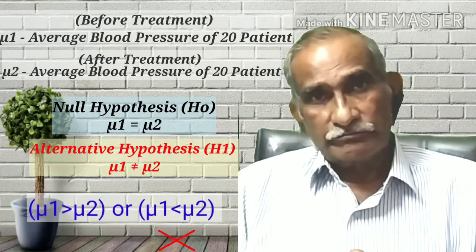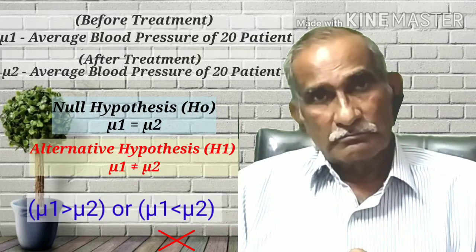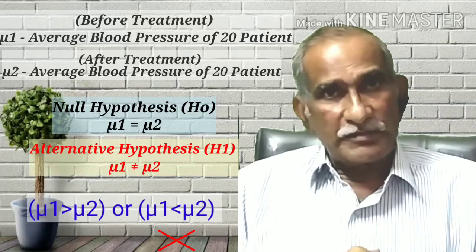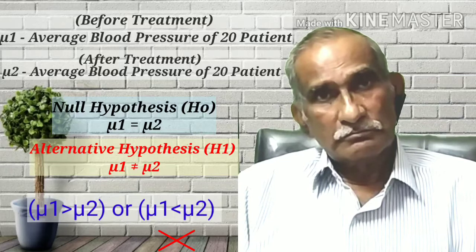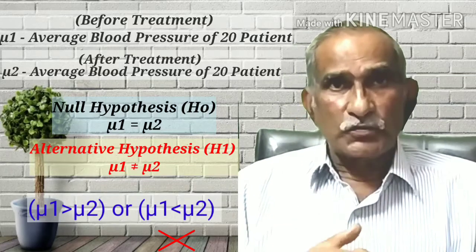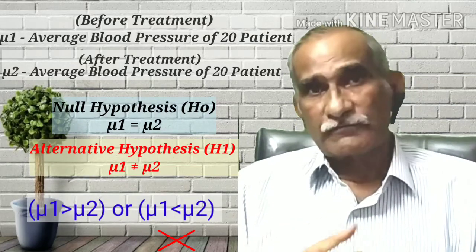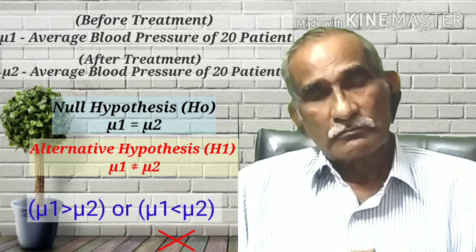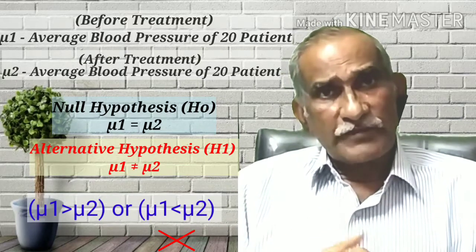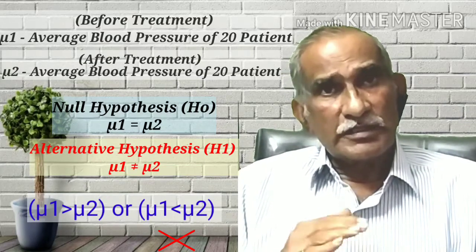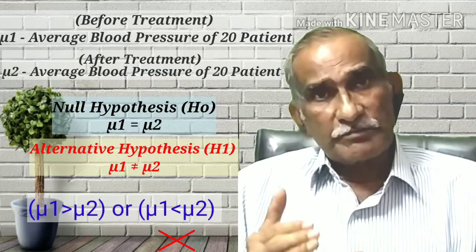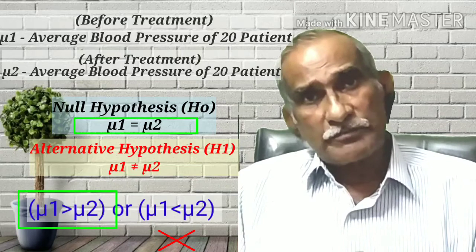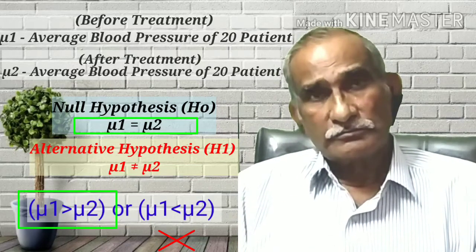It won't happen. It doesn't seem realistic. The worst case would be that the drug would not be effective. Drug would not be effective means that mu1 equal to mu2. Average blood pressure before treatment is equal to the average blood pressure after treatment.